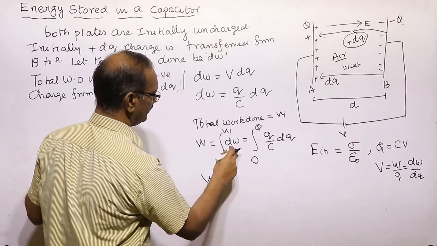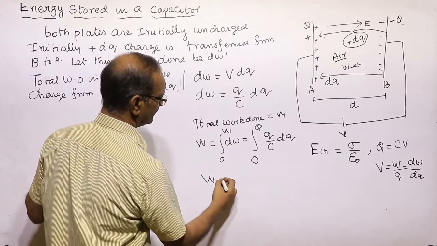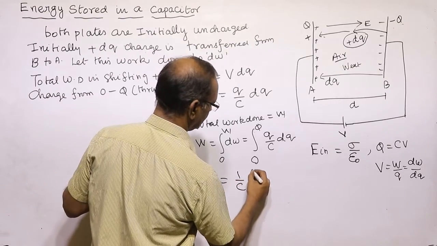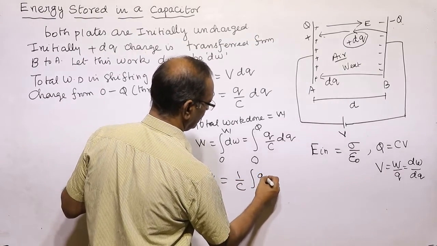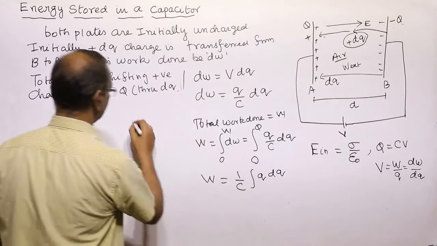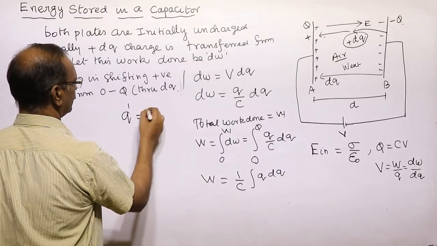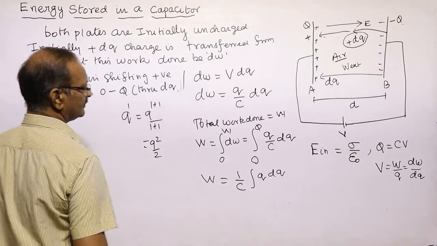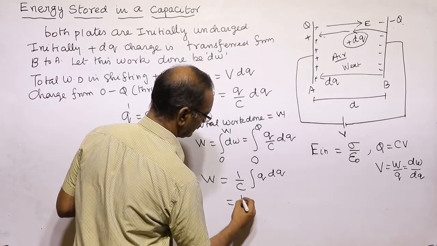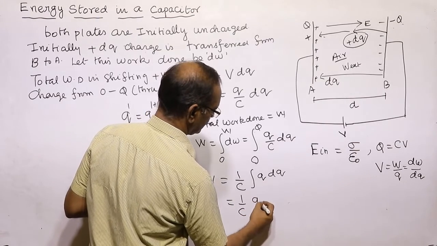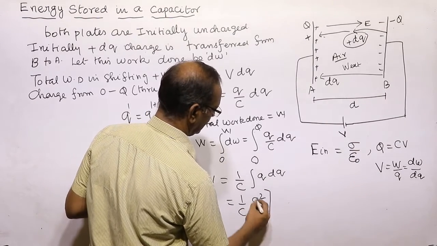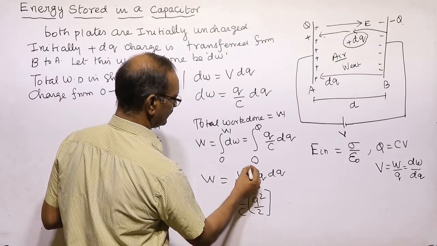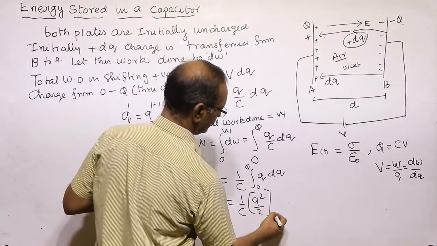We can take out 1 by C, and the integration of Q is Q to the power 1 plus 1 divided by 1 plus 1, which is Q square by 2. So this becomes 1 by C into Q square by 2, and we have to apply the limit, because the charge goes from 0 to Q.